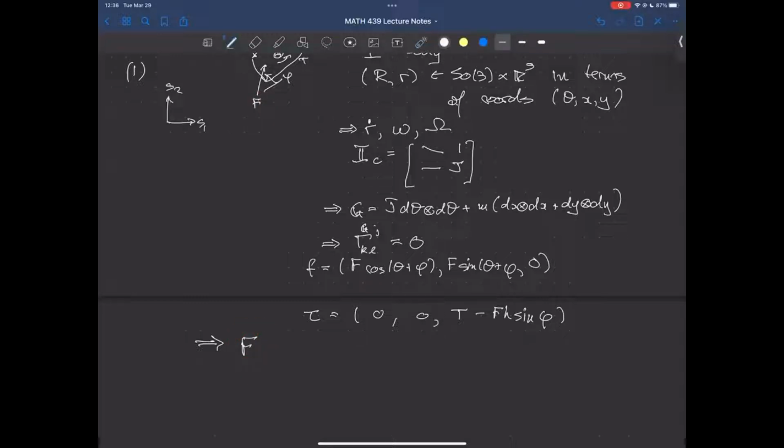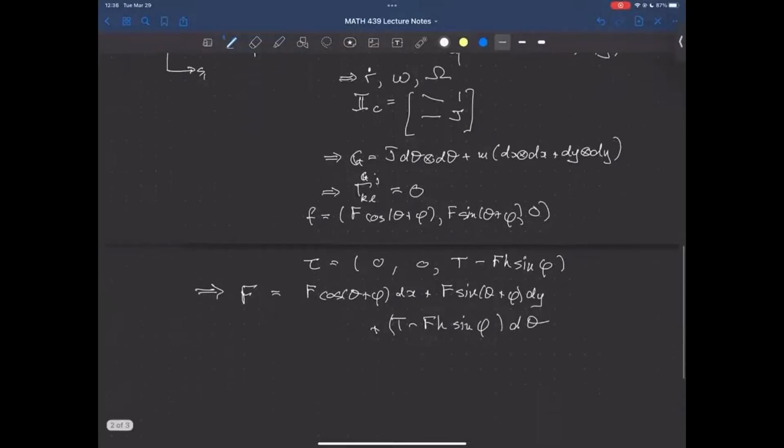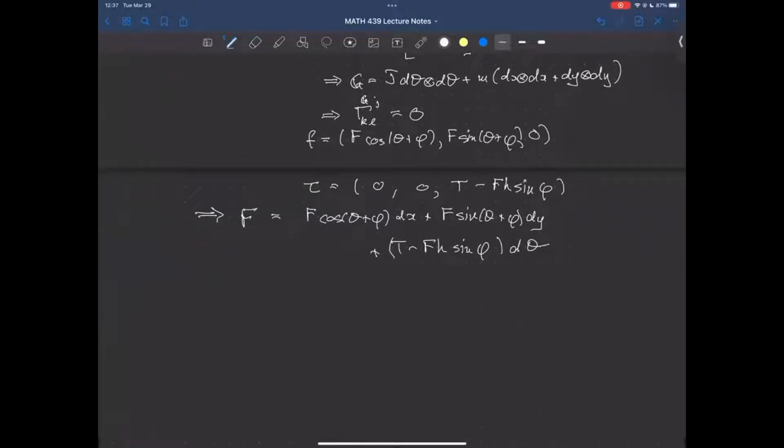Okay, so if I were typing this, I would use a different font, but I don't want to call it something other than F. All right, so you get F cos theta plus phi dx plus F sine theta plus phi dy, and then plus T minus F H sine phi d theta. Okay. All right. So there's a lot of stuff to grind through here, but especially for this example, it's all straightforward.